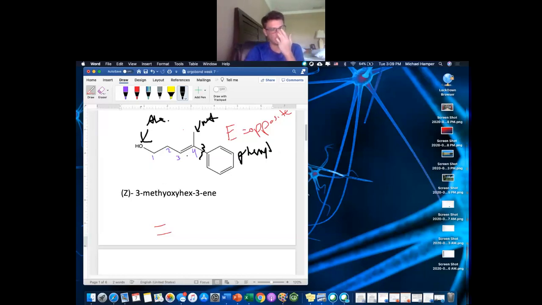So we already determined that this is E, because along this double bond we see that the biggest groups on the opposite carbons are on the opposite side. So the name would be parentheses E, E. Our phenyl is on our fourth carbon.